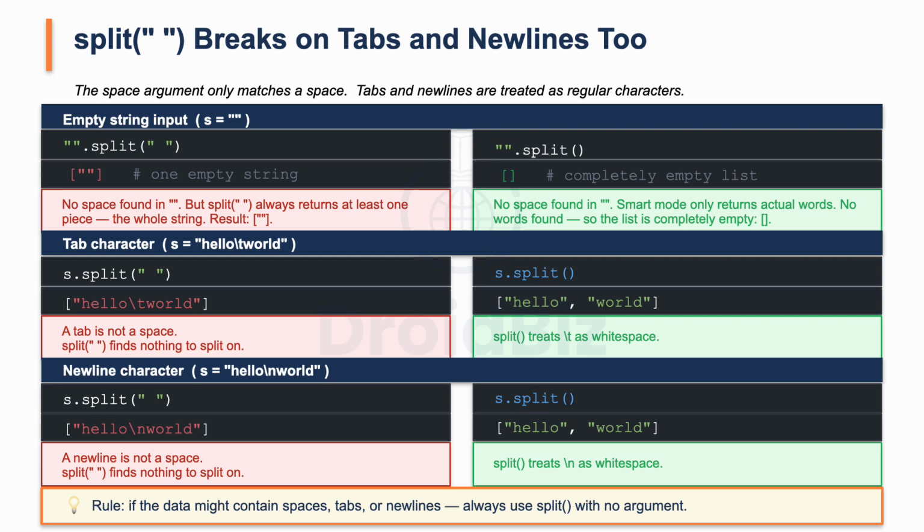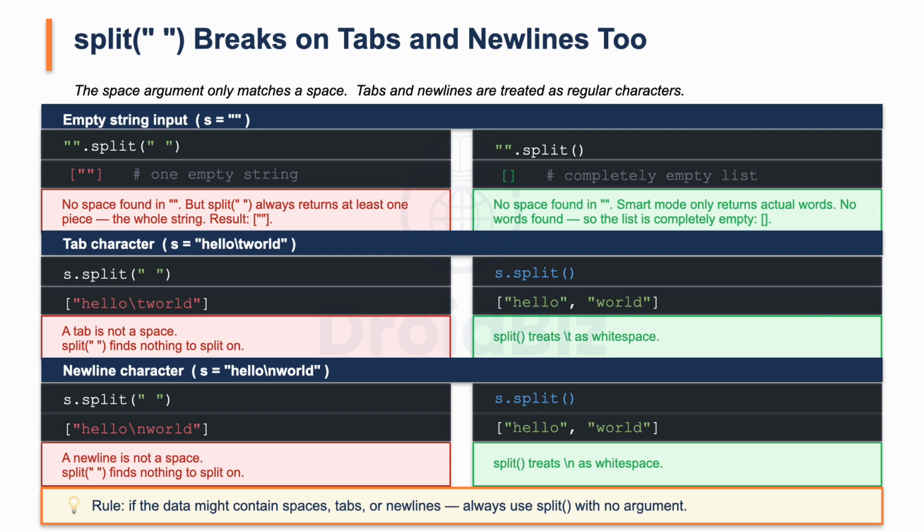Second, a tab character. When you call split with a space, Python scans the entire string and finds no space. It never divides. The whole string comes back as 1 item, tab character still inside it. When you call split with no argument, Python recognizes the tab as whitespace, splits on it, and gives you hello and world cleanly. Third, a new line. Same story.